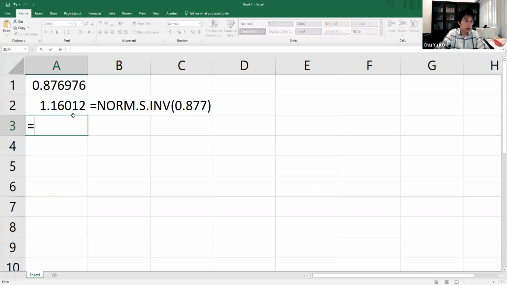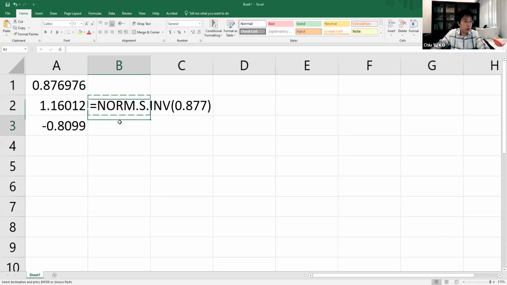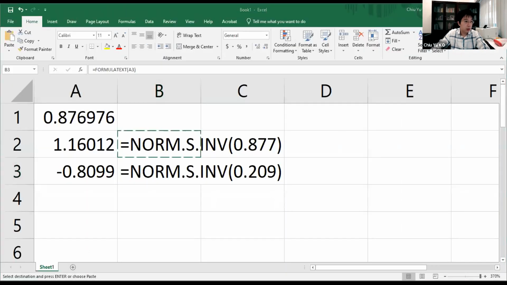So it is NORM.S.INV, and what we want to invert is 0.2090. Let me check the question. Yes, so that's why it's negative 0.81.